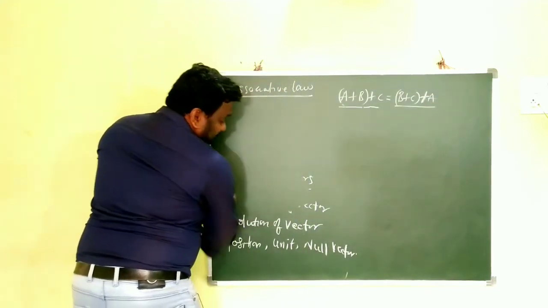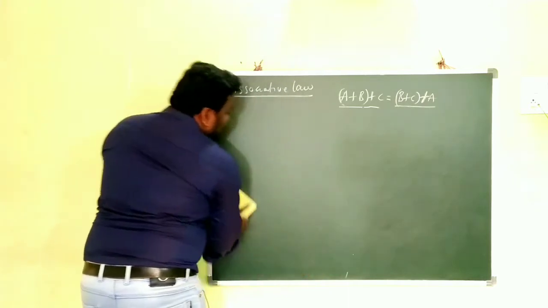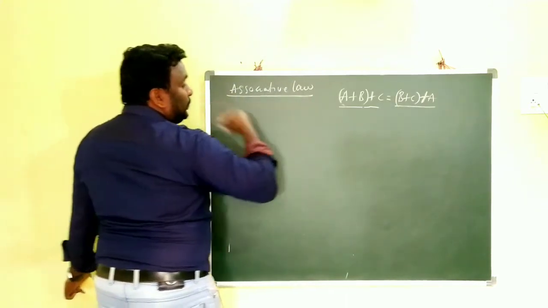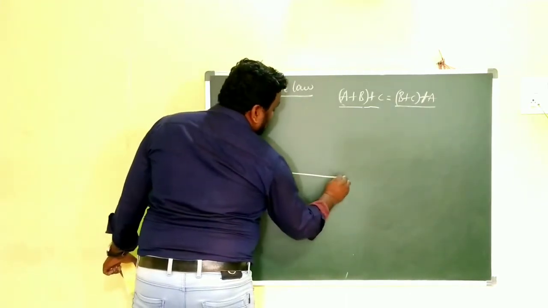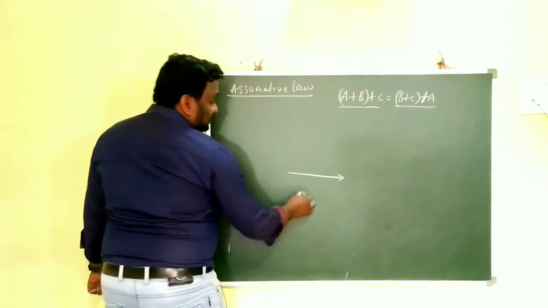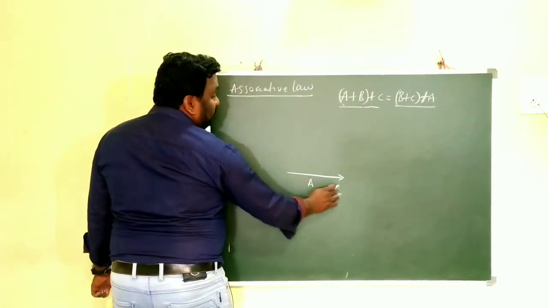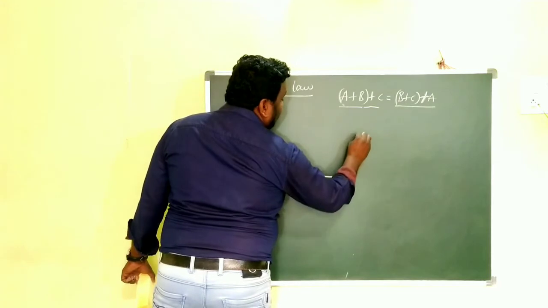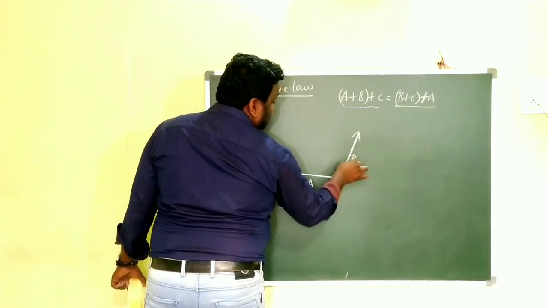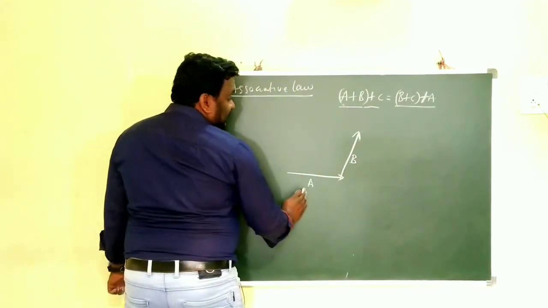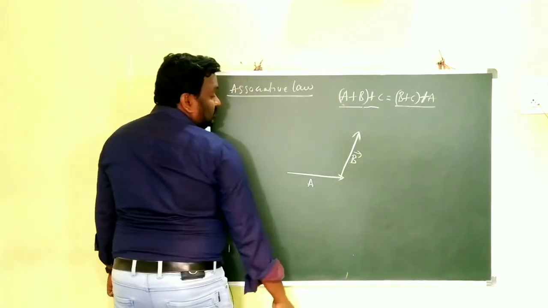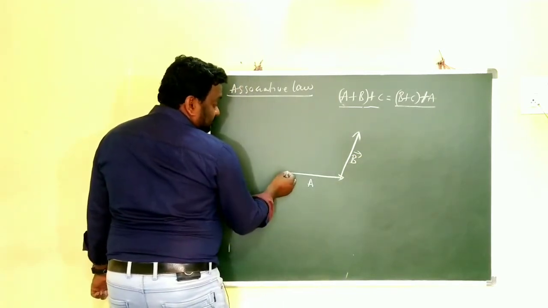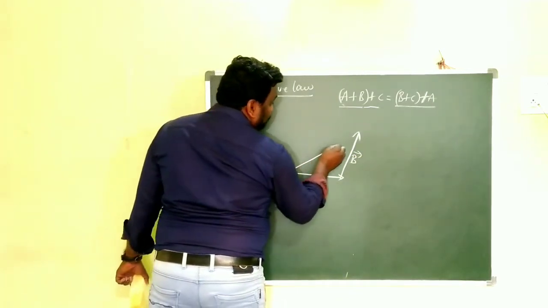So children, watch carefully here. First thing is the same thing again. This is A, initial point, final point. For that what we added? B. Clear? This is A and this is B. And after that we are joining these two.